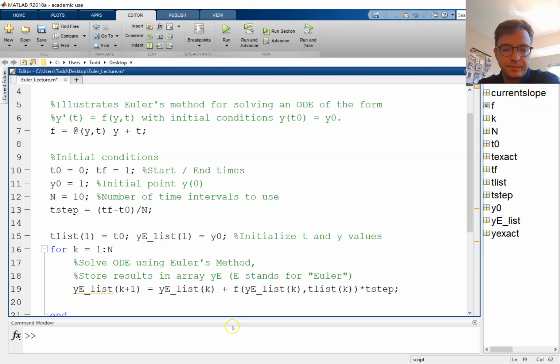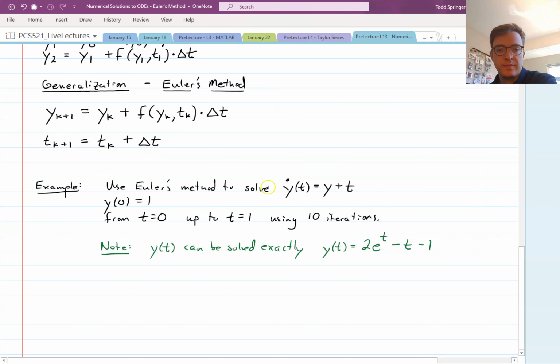Just like that. So compare what I just wrote to what was on the previous slide here. Yk plus 1 is yk. So the next y point is the previous y point plus the slope evaluated at the previous y and t point times delta t. You can see all I did is translate that into MATLAB code.